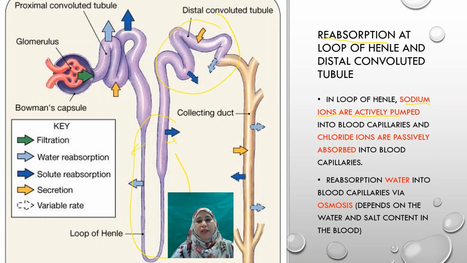The chloride ion, the same, is reabsorbed into the blood capillary via passive transport. Reabsorption of water still occurs at the loop of Henle and distal convoluted tubule via osmosis, and it depends on the concentration of water and salt in our blood.